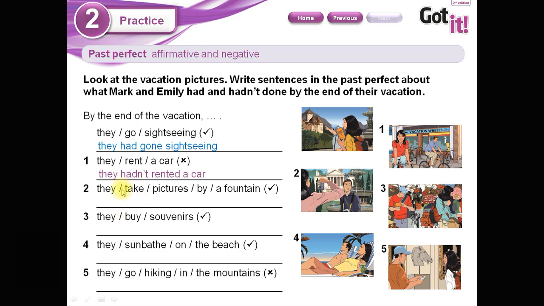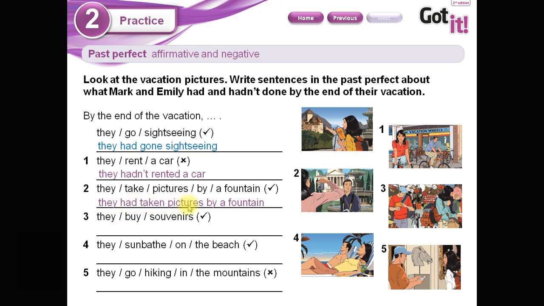The participle here is taken with an N at the end. The participle here is bogged. The participle here is sunbathed. And the participle here is gone. Okay? So you only have to decide if you use had or hadn't. Let's take a look.